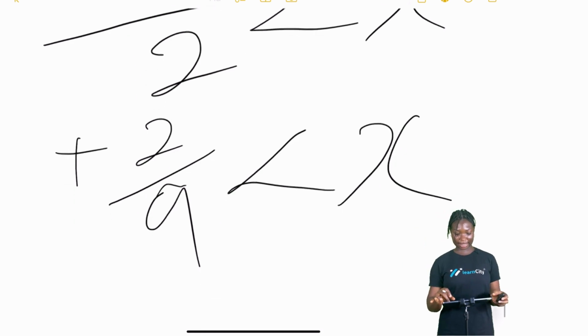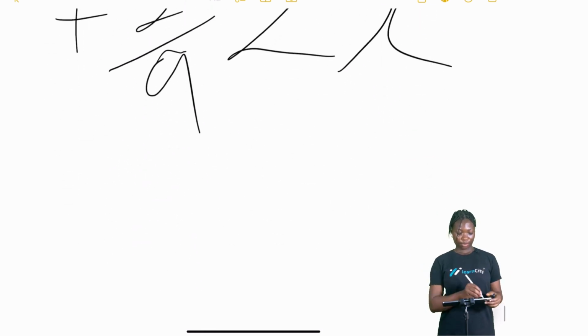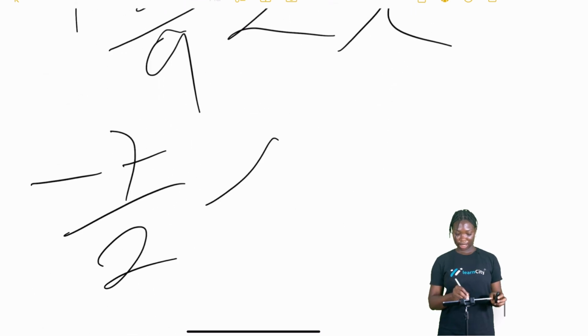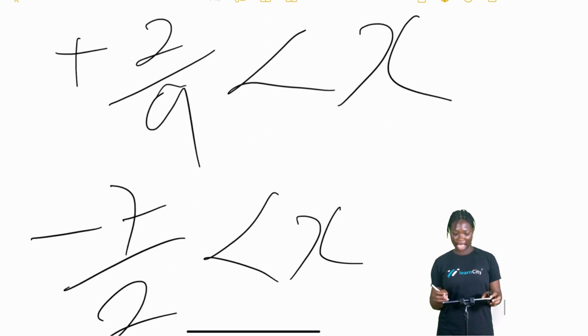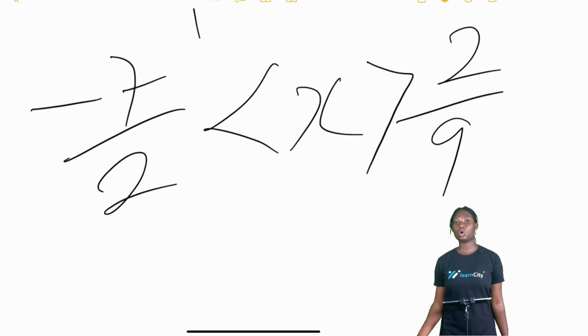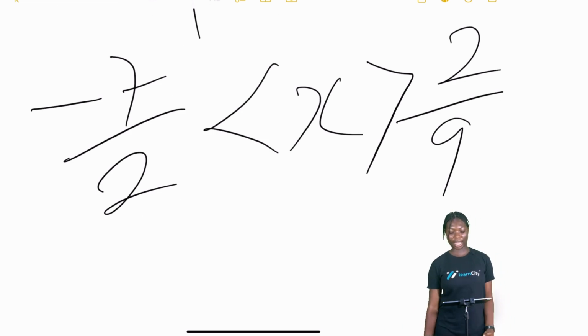You can now write it as -7 over 2 less than x, and x greater than 2 over 9. So we can write it as -7 over 2 less than x, greater than 2 over 9.